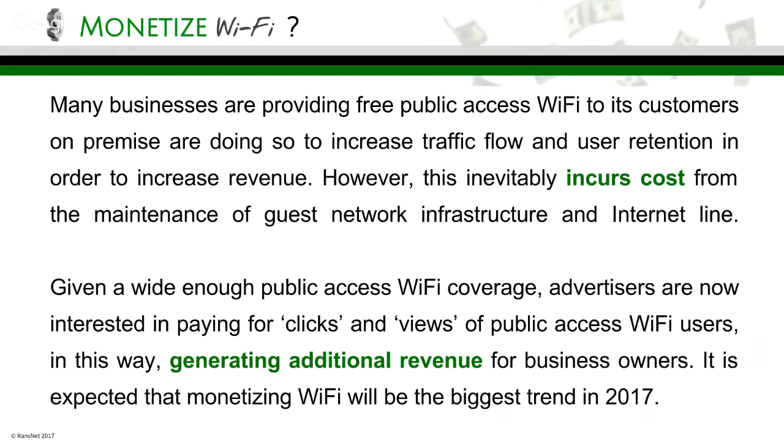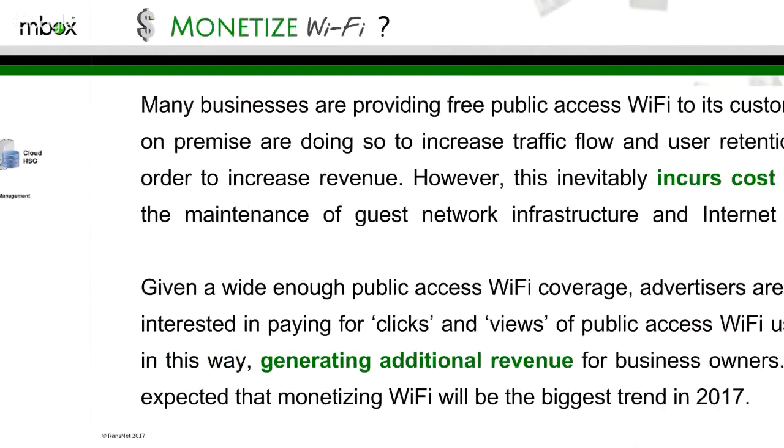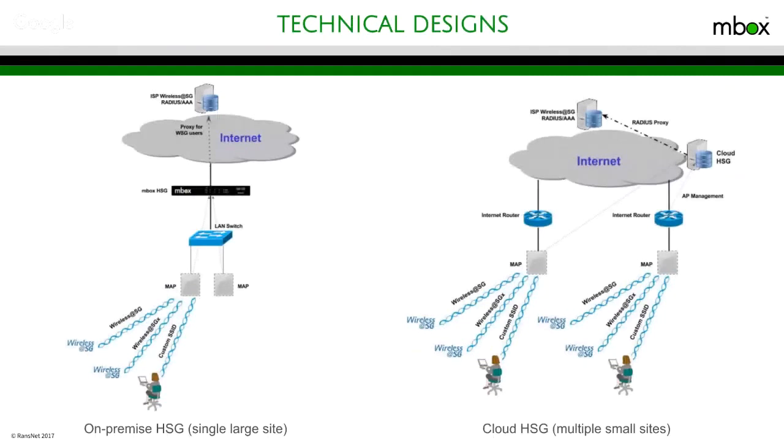So how can we get the most out of the Wi-Fi infrastructure, which is traditionally a cost? Now we're going to turn the cost platform into a revenue generator using our advertising or monetization capabilities. The deployment can be both on-premise or cloud-based.